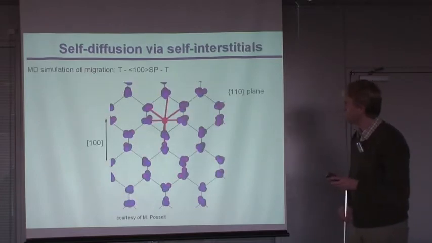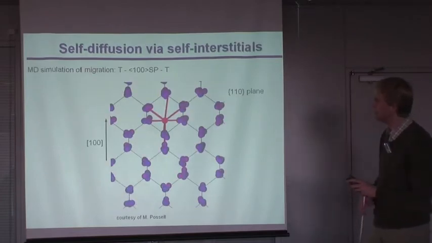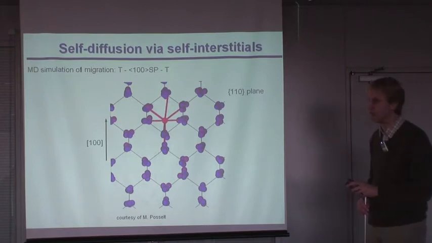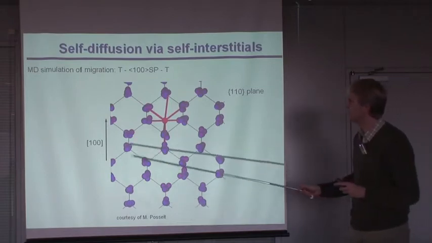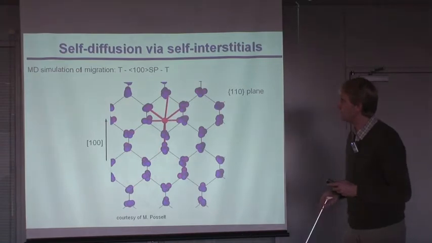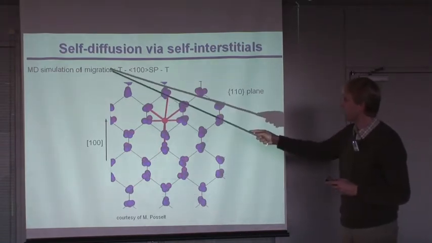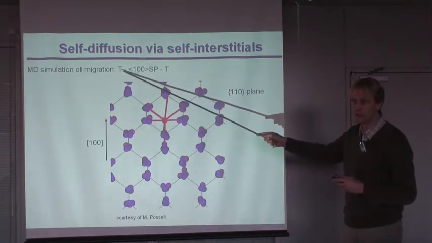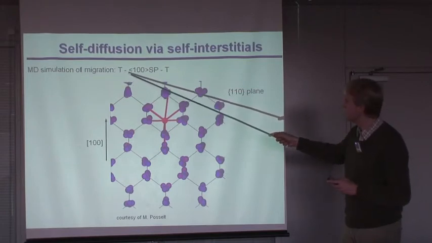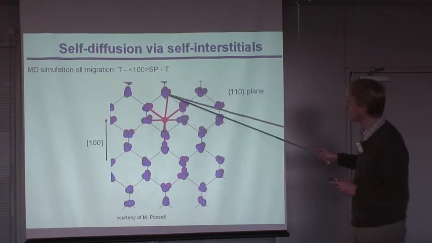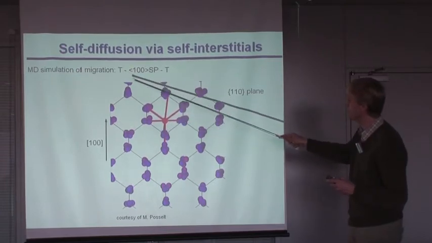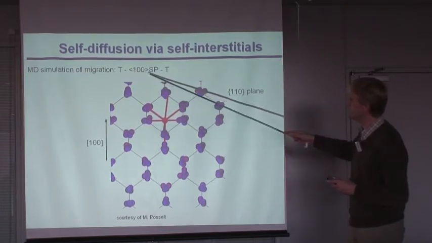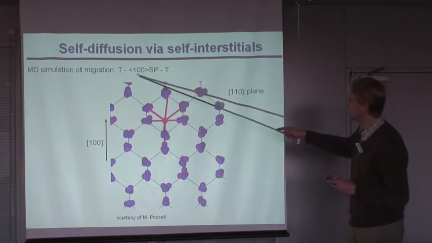Here I give you maybe an idea how the self-interstitial can migrate in the case of self-diffusion. What you are going to see will be a molecular dynamics simulation of the migration of the tetrahedral self-interstitial, which I just have introduced, maybe from this side. Here, these are just indicated the nearest neighbors. This is the tetrahedral interstitial, and this will go via a so-called split interstitial in this direction.